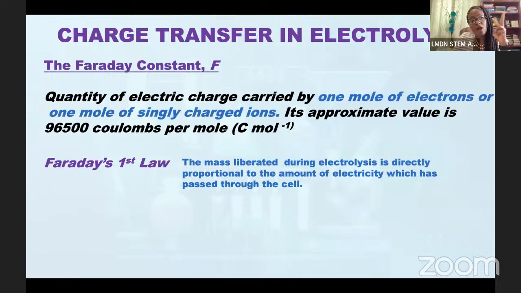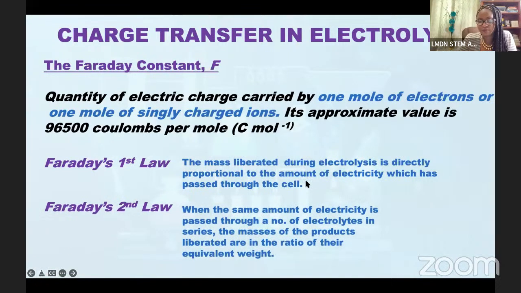Now we have 2 laws that govern this whole electrolysis calculation. The first law is Faraday's first law, and it states that the mass liberated during electrolysis is directly proportional to the amount of electricity, which is our I, or electric current, which has passed through the cell.